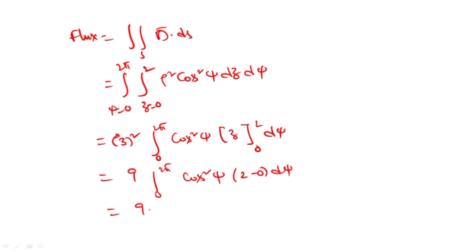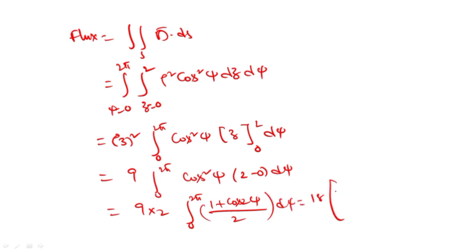This is 9 into 2, integral 0 to 2 pi of cos square xi, which I write as 1 plus cos 2 xi by 2 d xi. 9 twos are 18. The integral of 1 d xi is xi, the integral of cos 2 xi is sin 2 xi by 2, from 0 to 2 pi.